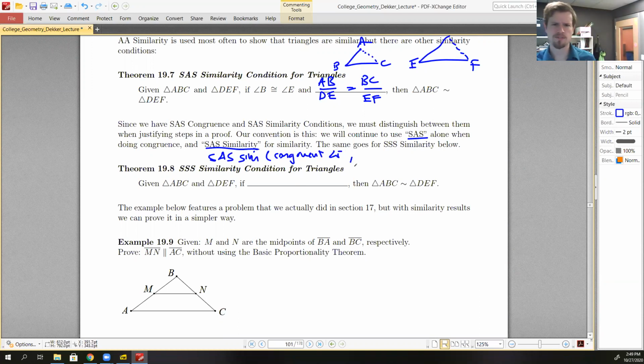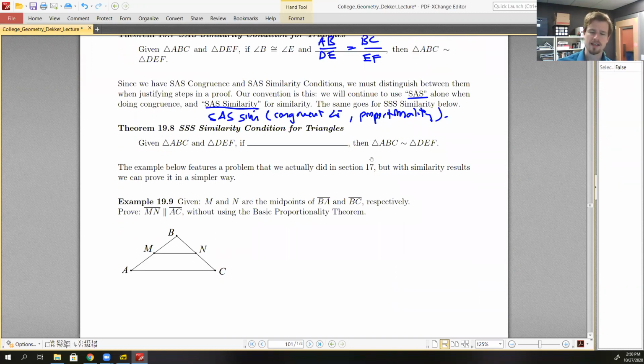That would be one of the things we have to show, and the other thing we have to show is the satisfaction of proportionality. So when we talk about side angle side congruence, we have three things to fill in: side, angle, side. When we talk about side angle side similarity, we have two conditions to satisfy: congruent angles and the proportionality.